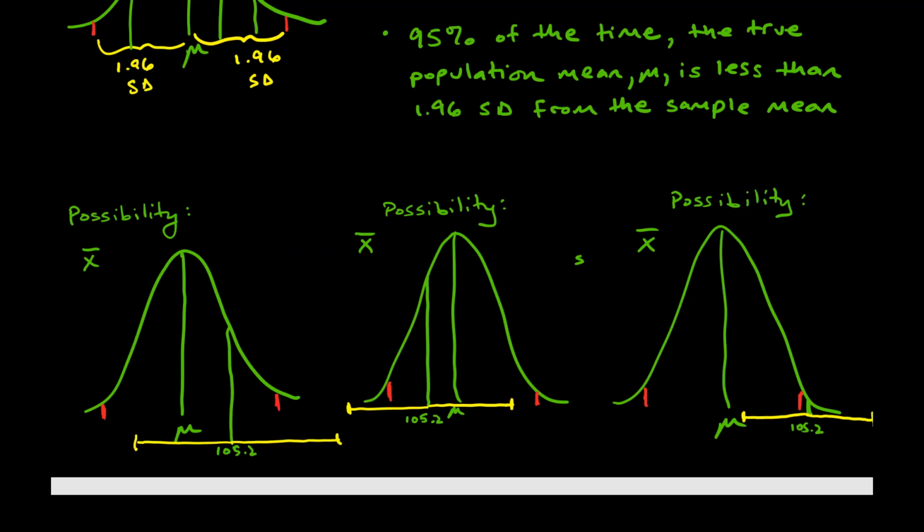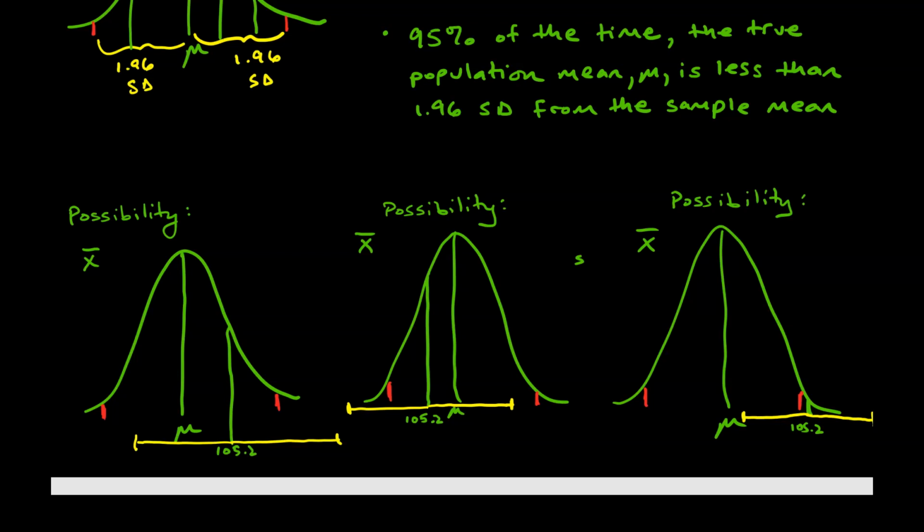So based upon these few pictures, we can theoretically consider that 95% of the time, the true population mean is going to be contained in the confidence interval created by deviating 1.96 standard deviations on either side of the sample mean, in this case of 105.2.